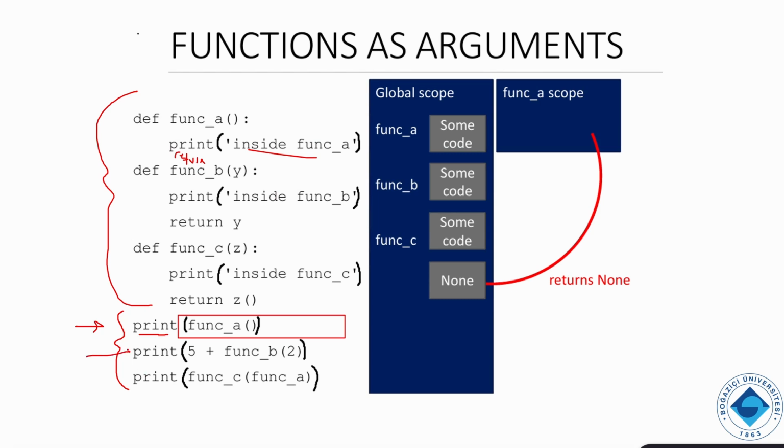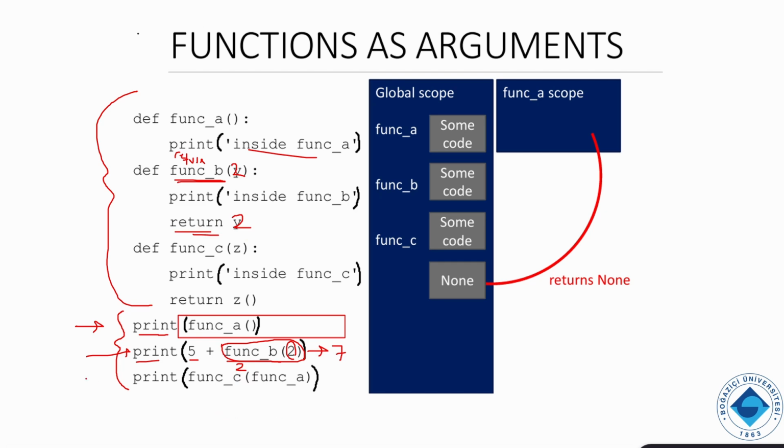In the second example, 5 plus function B with parameter 2, to calculate what it will return, we need to go to function B and put 2 as a parameter inside. So it will return 2, right? Then it will print 7.